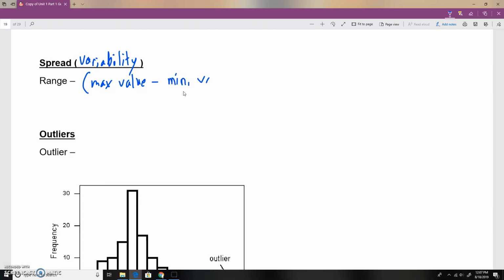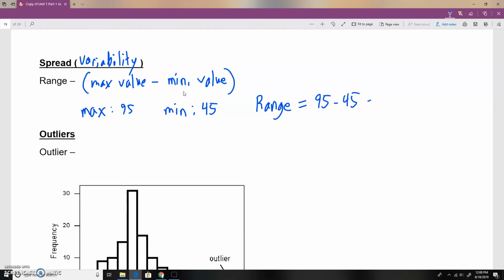For example, let's say we had a max in our histogram of 95 and a minimum value of 45. Then our range would be equal to our max minus our min, which is 50.